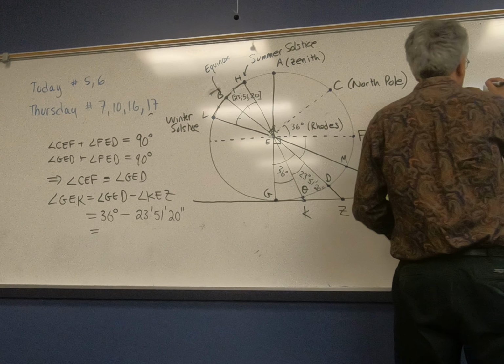So you have to do a little regrouping, right? So you take one of these degrees and you trade it for 60 minutes. Right, so 35 degrees and 60 minutes is the same as 36 degrees, right? Oh, but then we have these seconds to deal with. So let's take one of these minutes and trade it for 60 seconds.